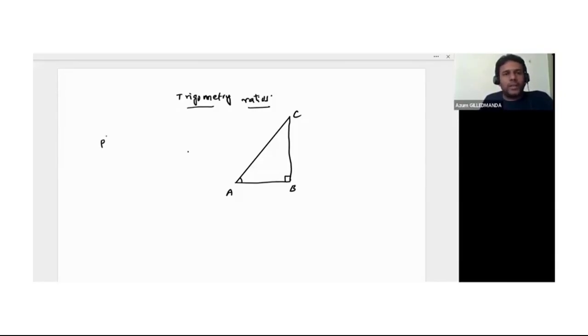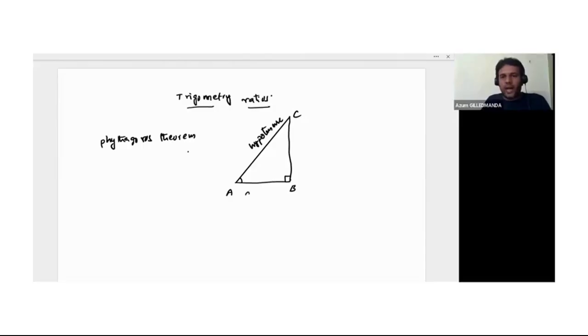So what Pythagoras theorem states is, in a right angle triangle, let's understand what this side is.